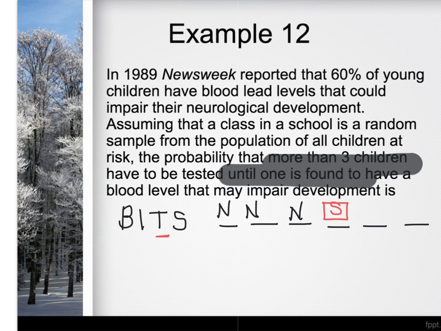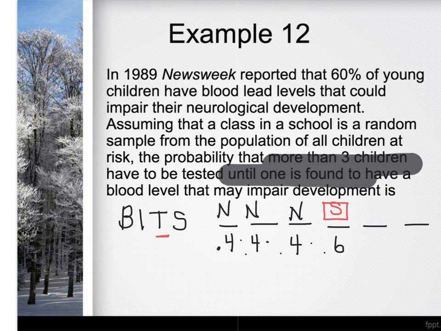So the probability that the first child did not have blood levels that would impair their development was 0.4. It's just the complement of the probability that it does. The probability that the second child does not have impaired development is also 0.4. The probability that the third child does not have impaired neurological development is also 0.4. But finally, on the 4th child, we have a child that does have impaired neurological development, and that probability is 0.6.